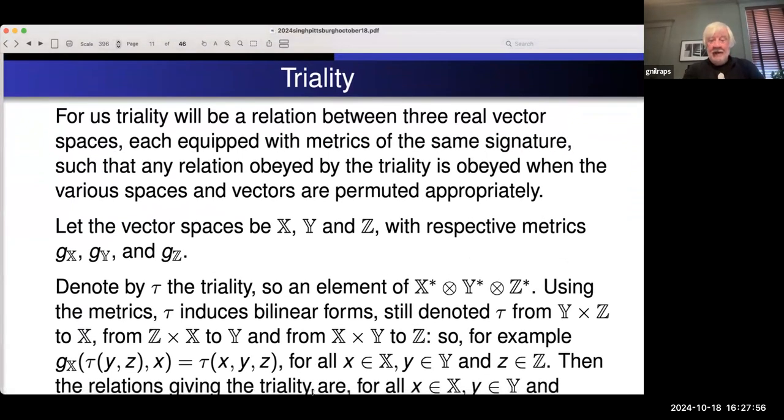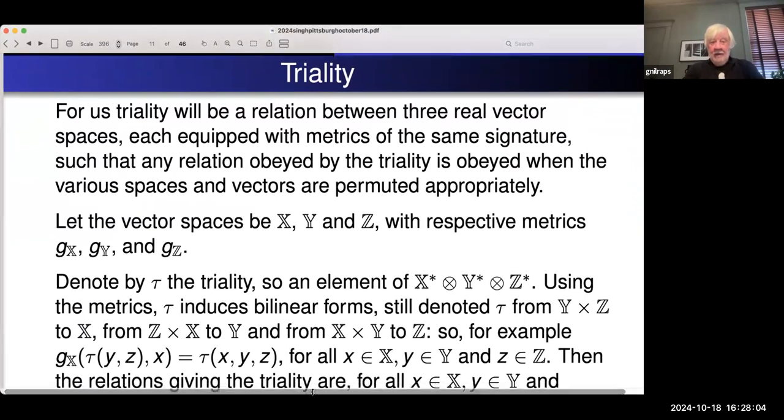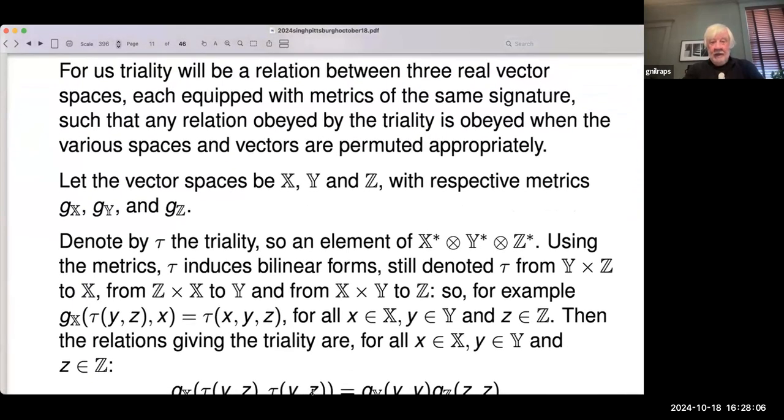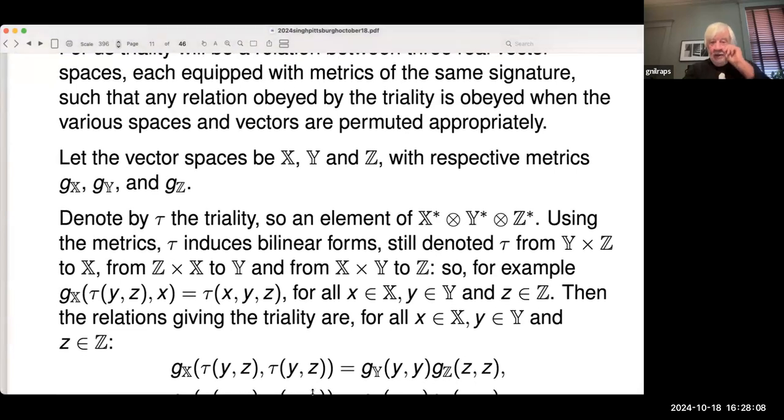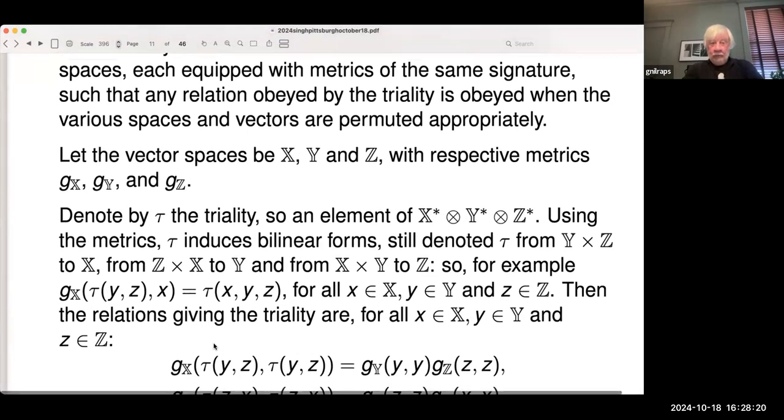So triality is a relation between three vector spaces. In the end, they'll all be the same dimension, so you have an element which I call Tor, standing for triality, which acts on each of the three vectors. So it's a trilinear form.